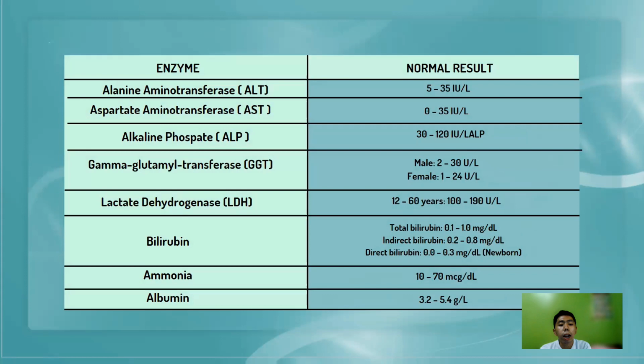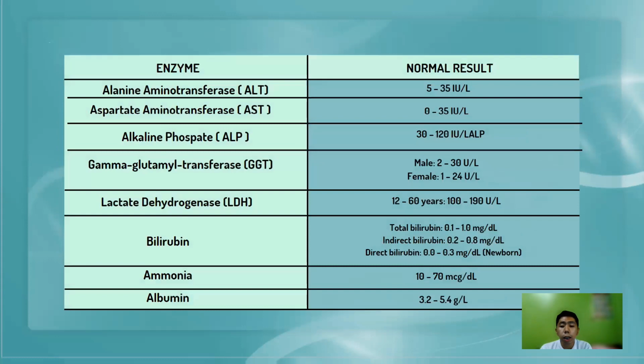And third, alkaline phosphatase or ALP. Its normal result is 30 to 120 units per liter. And next, the gamma glutamyl transferase or GGT.